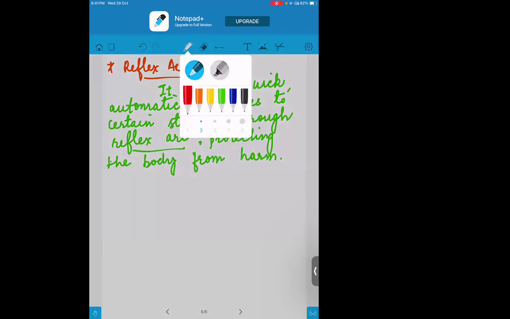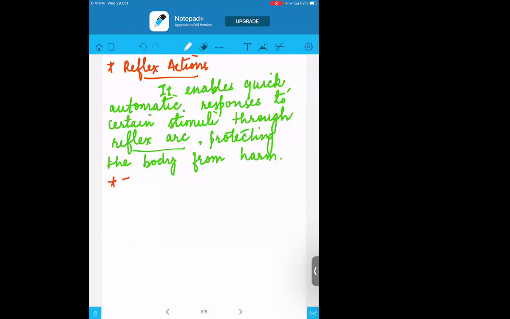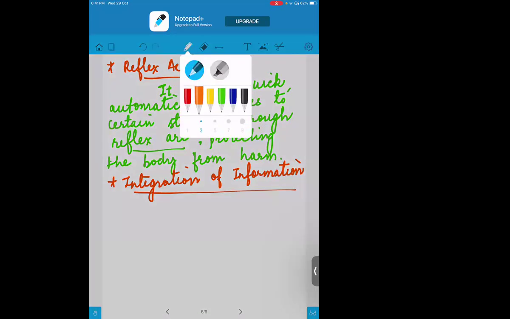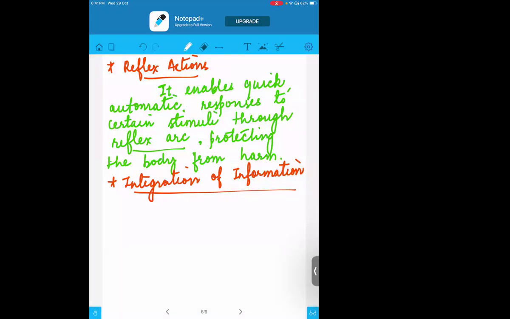Now the next one is integration of information. Whatever the information is, the brain will be processing it and giving the output accordingly.